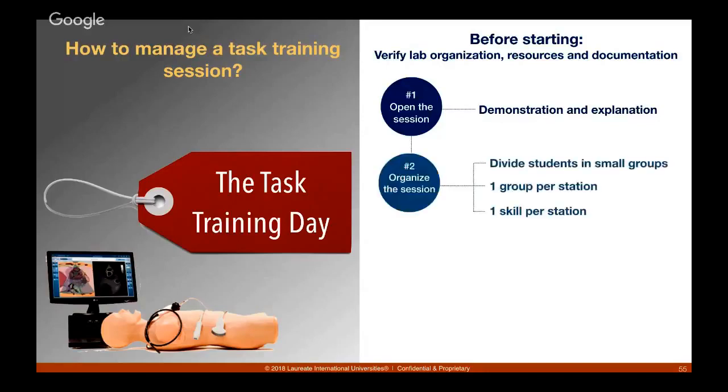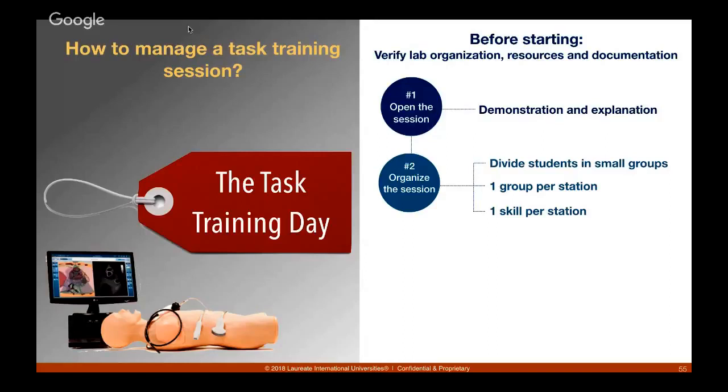The second point of this session is to organize the session, to organize the lab or any other facility that you are with your students. So divide students in small groups, depending on the size of the entire group.